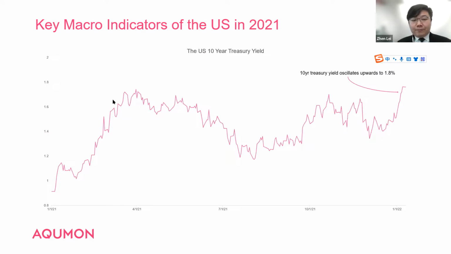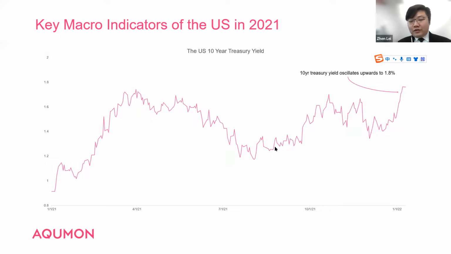Therefore, the US 10-year Treasury yield went up to above 1.6%. However, as the Fed continued to say that the inflation could be transitory and the market kept the same expectation, in the next few months, the US 10-year Treasury yield went down.